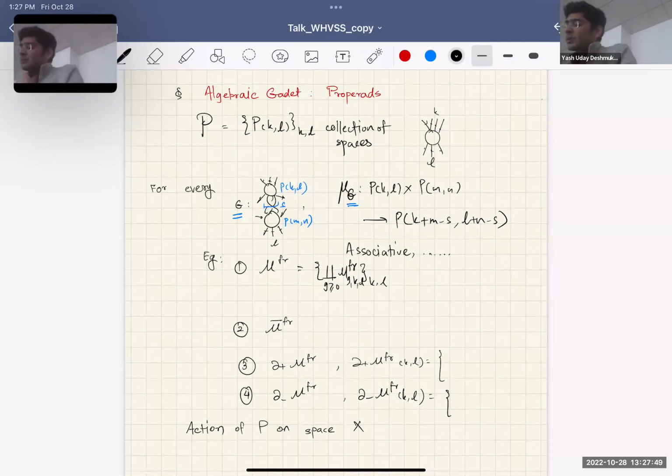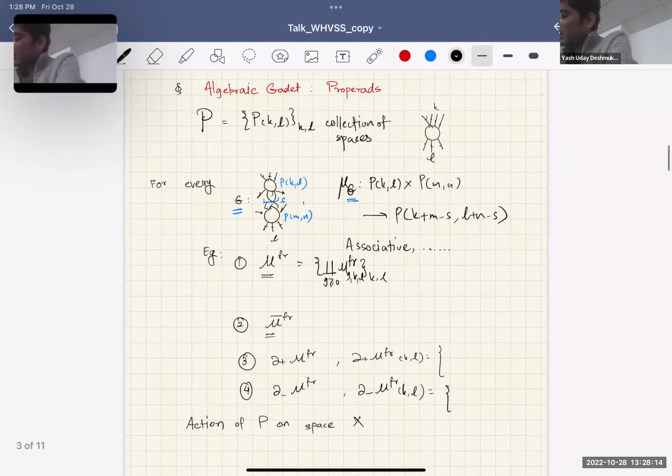And the properad composition is given by gluing, as you would expect. And this forms a properad. So this is the properad of framed Riemann surfaces, which we denote by M frame. Similarly, you can form a properad out of the stable nodal Riemann surfaces by considering all nodal curves with k input boundaries and l output boundaries, and again composition given by gluing.